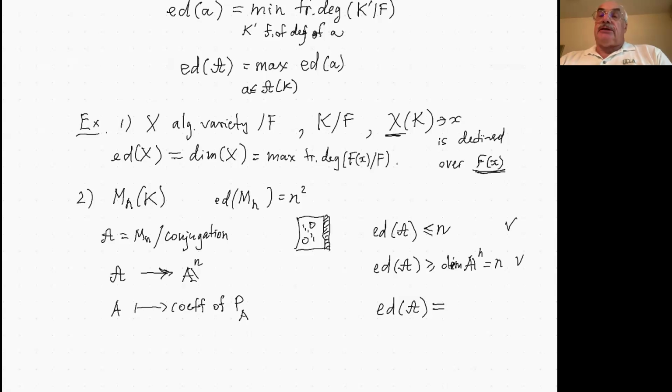In fact, in most cases, we compute the essential dimension this way. We try to find an upper bound and a lower bound. And if they match, then we are done. It doesn't always work, but in some cases it works.